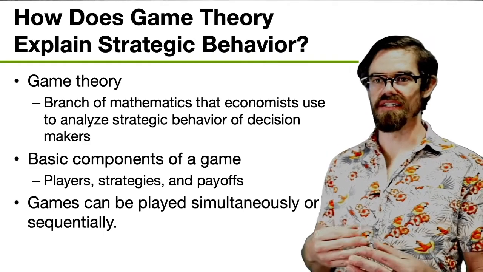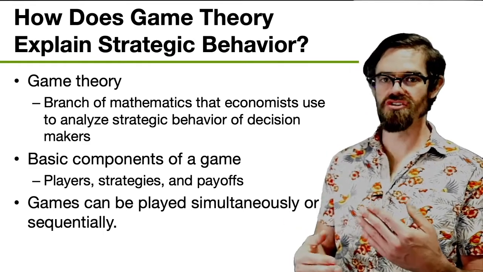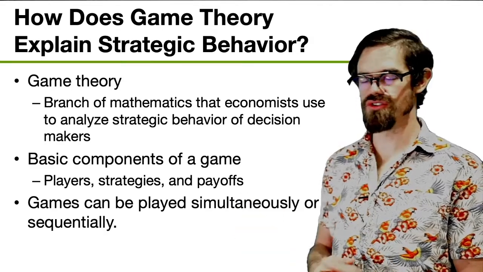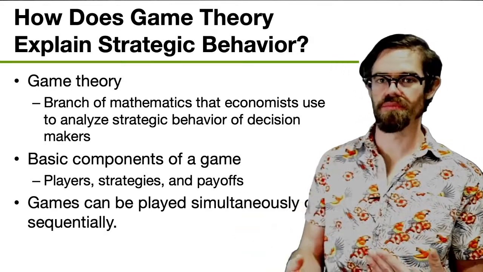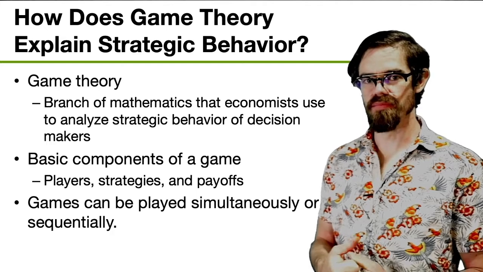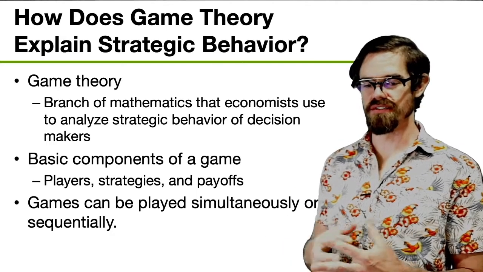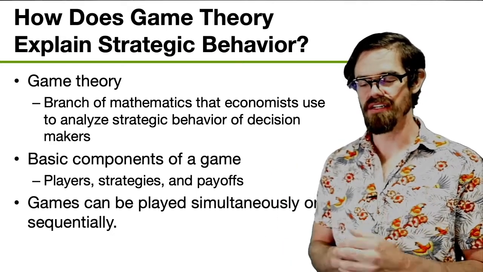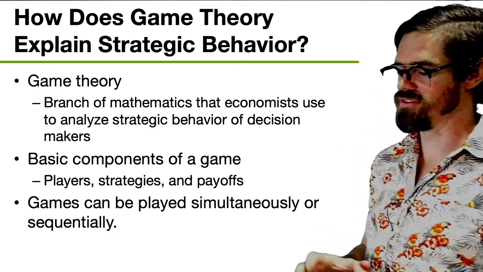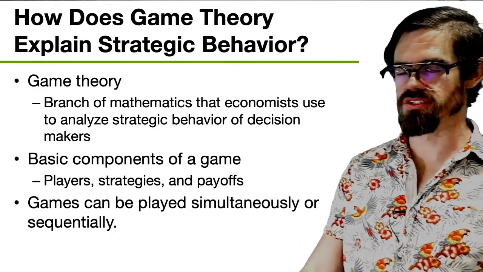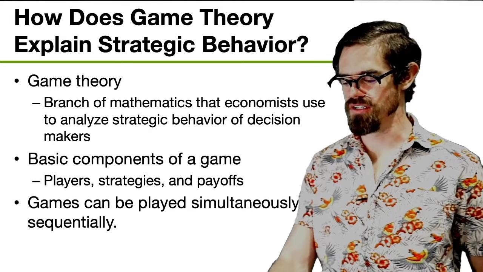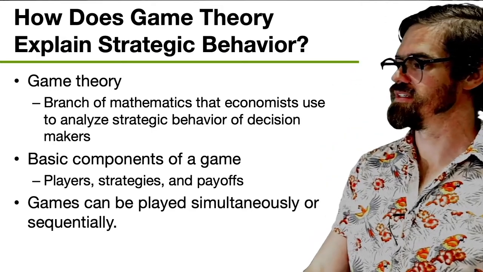But basically, it's not like chess or checkers, which is a sequential game where we're taking turns making moves. The moves in a simultaneous game are effectively made at the same time, although it doesn't have to strictly be at the same time. It just isn't that the players are taking turns making moves.